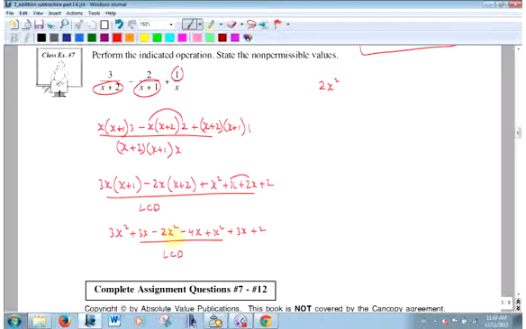X's, I have 3 minus 4 is minus 1, plus 3 is 2x, and only one number. All over. Now I'll write it. Let's put it like that.